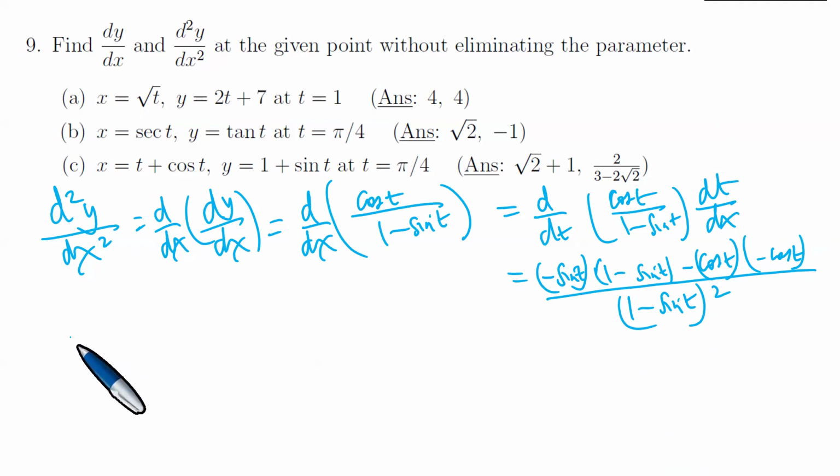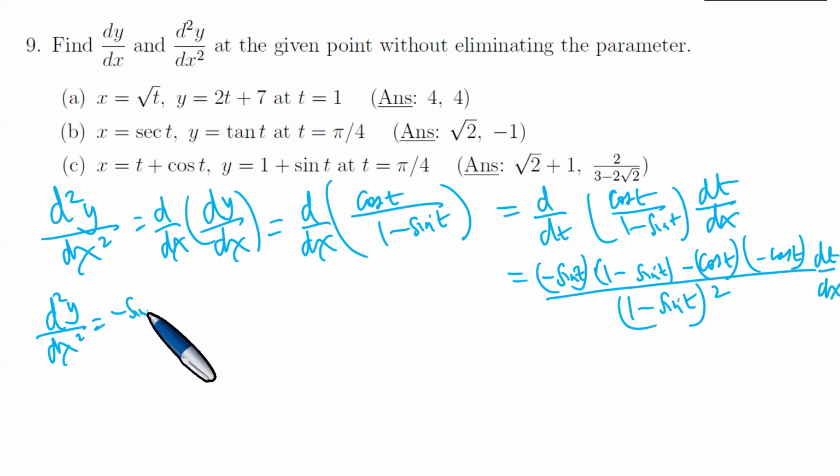What is this? This is the derivative of this, and then it is multiplied by dt dx. So for d squared y dx squared, multiply the top, it becomes minus sine t plus sine squared t plus cosine squared t.